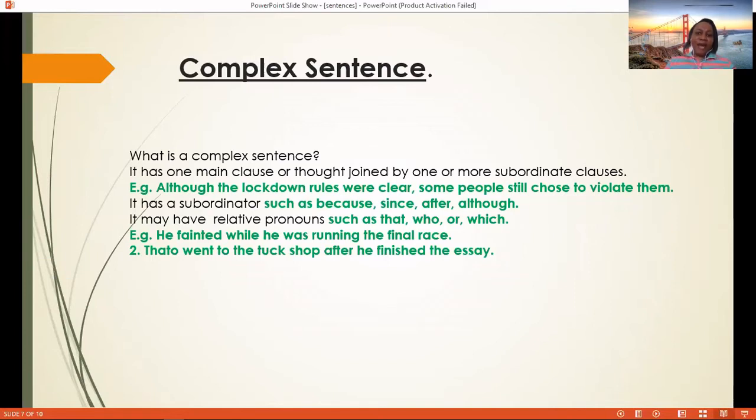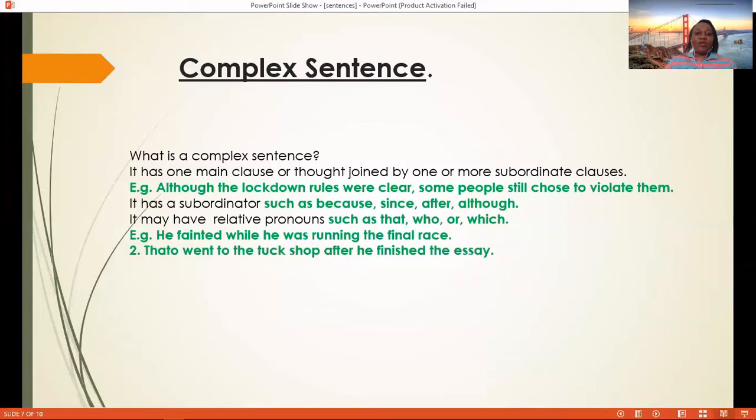And then joined by a subordinate clause, one or more subordinate clauses. A subordinate clause cannot stand on its own and make sense. It is also known as a dependent clause. Dependent in the sense that it depends on the main clause to make sense. And hence also a main clause is also known as an independent clause because on its own it can stand and make sense. Are we clear on that one?